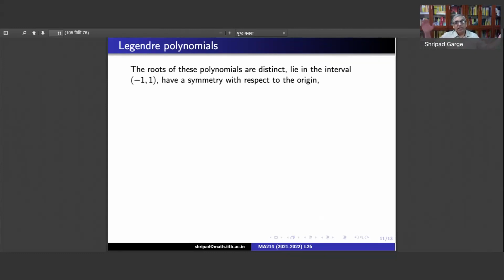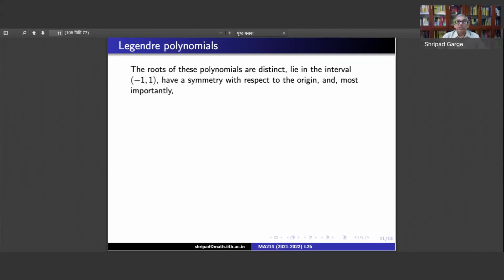The first root and the last root, if you are putting them in the decreasing order or increasing order, then there is a symmetry about them. So whenever you are looking at polynomials of odd degree, 0 has to be a root. And that is quite clear because they are all odd polynomials. So they will not have a constant term, they will not have x square terms, and then x will have to divide them. So you see that 0 has to be a root.